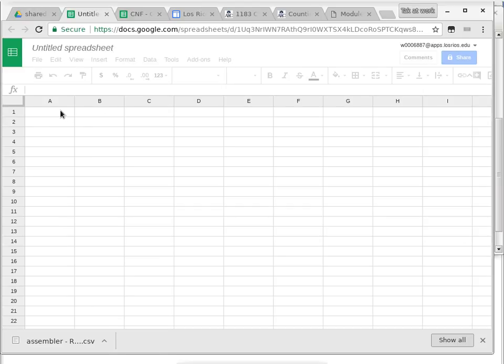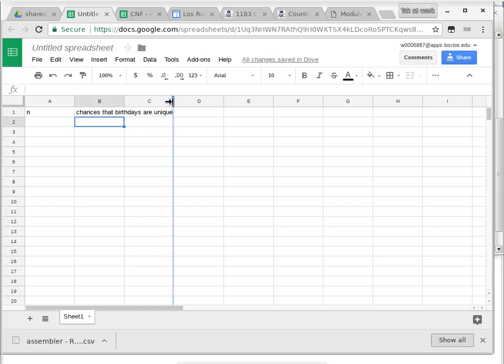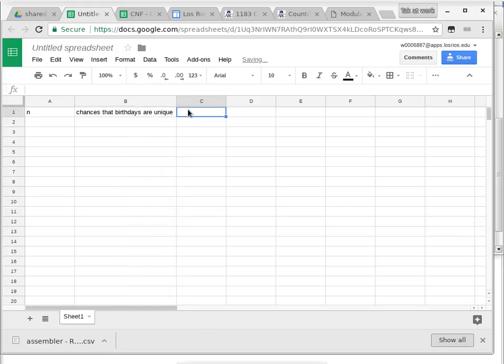And then we have the first column being n, and then the second column is chances that birthdays are unique. And then we'll have a third column too. The third column is really just 1 minus the second one, which is representing the chances that there are duplicate birthdays, which means at least 2 people share the same birthday.